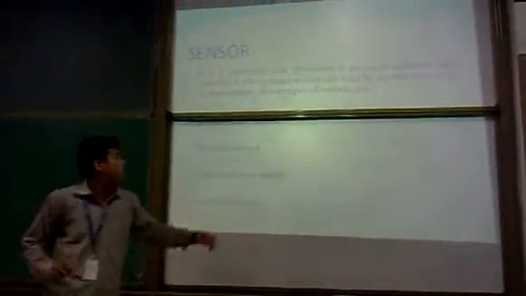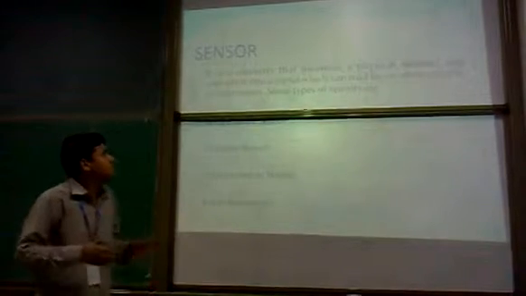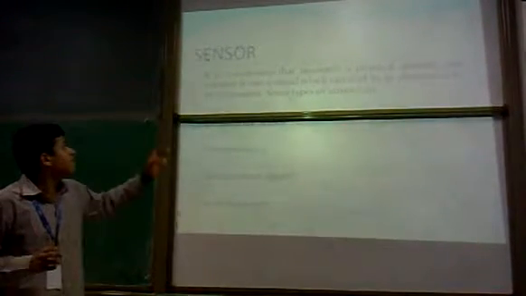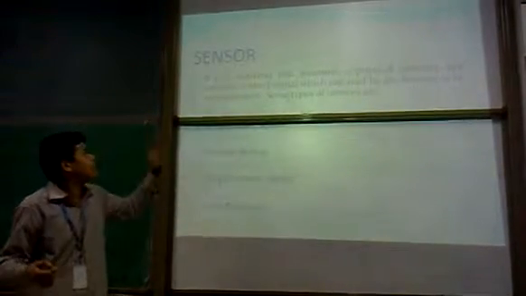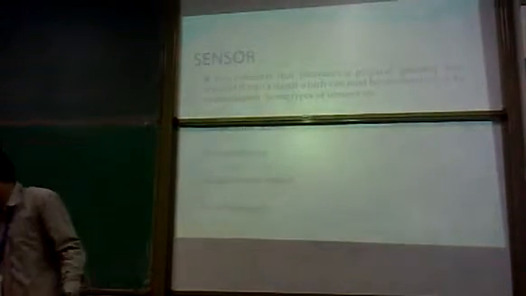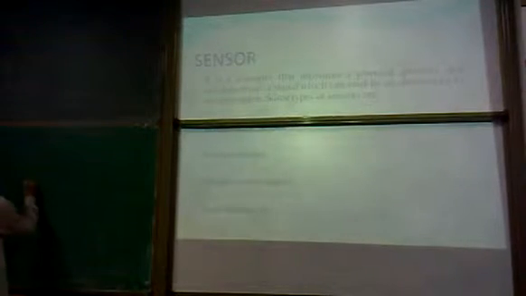Next is the sensor. A sensor is basically a converter that measures a physical quantity and converts it into a signal which can be read by an observer or an instrument. This is a diagram of a sensor, real time.